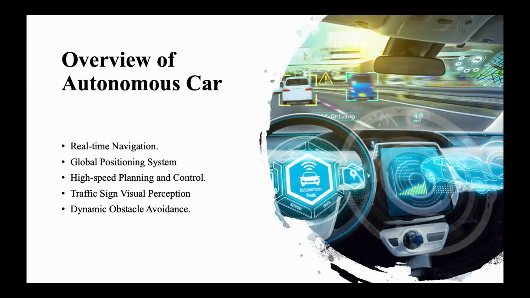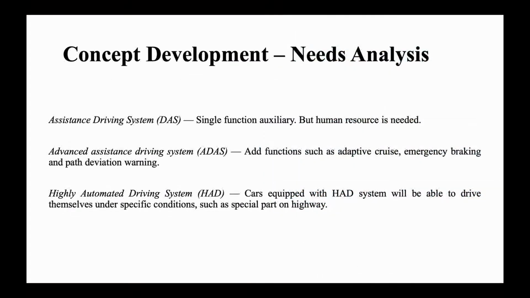The detailed specification of the highly automated driving system and the predecessor system, the assistance driving system, will be discussed through the system life cycle in the following sections. The predecessor system, the assistance driving system, features single function auxiliary such as anti-lock and constant speed, but human resource is needed.